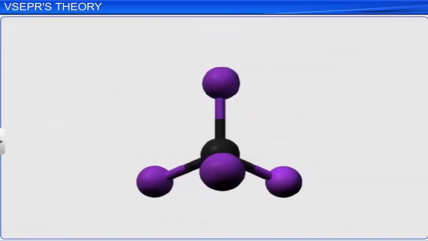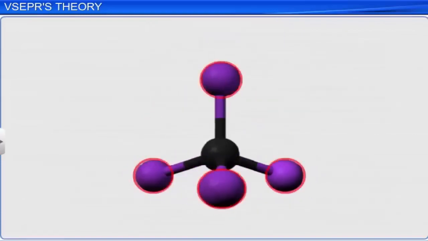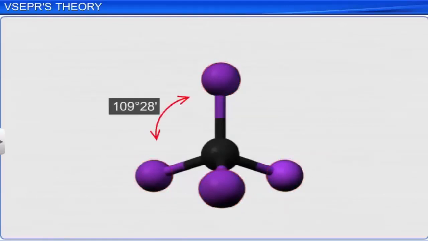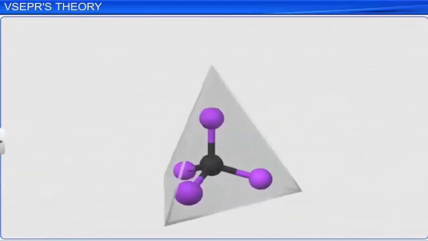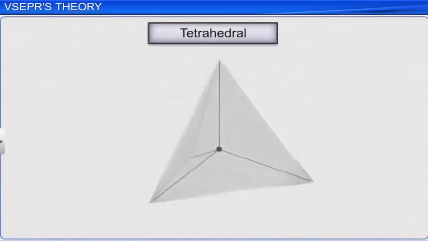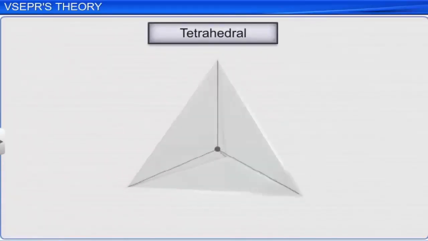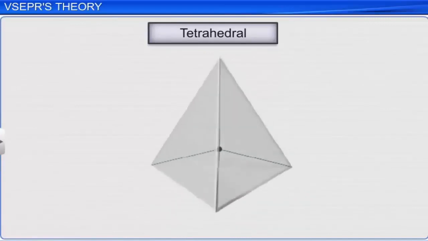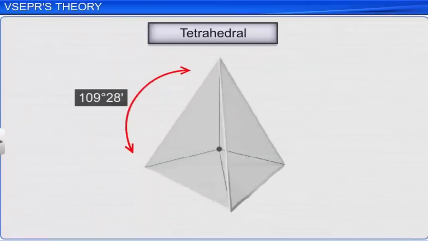As a result, all the 4 hydrogen atoms arrange at 4 corners of a tetrahedron, lying at equal distances away from each other. Hence, methane has tetrahedral shape. In the methane tetrahedron, the bond angle is 109 degrees 28 minutes.